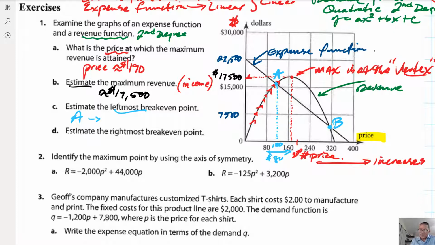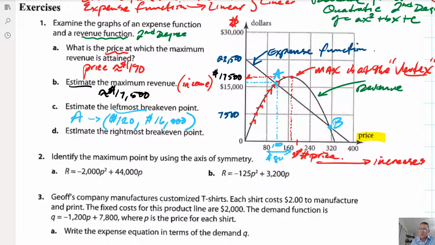So if you set the price to $120, what is the money or revenue coming in? To answer that question, you have to look left. So you go left here on the curve, and it's a little bit above 15,000, so maybe 16,000 or so. That's the income. So $16,000 is coming into the company.